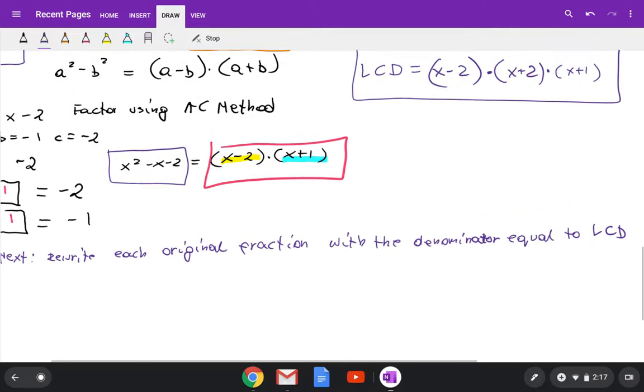Okay, so the LCD is x minus 2 times x plus 2 times x plus 1.